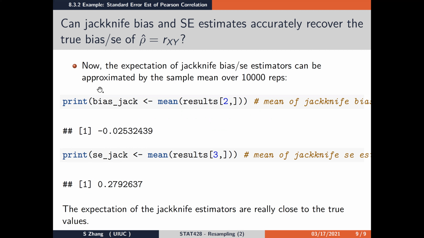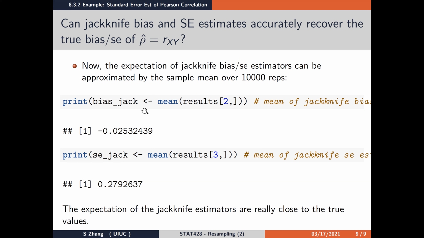Now, the expectation of the jackknife bias and SE estimators can be approximated by the sample mean over the 10,000 replications. In other words, to see the expectation of the jackknife bias estimate and the jackknife SE estimate, we can use the sample mean of the bias and SE estimates over the 10,000 replications.